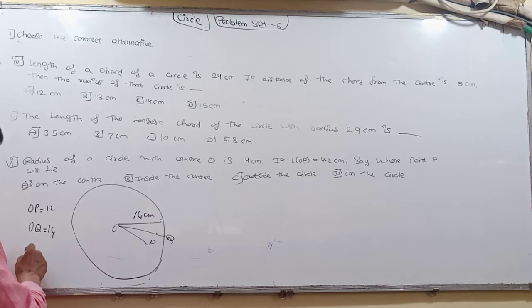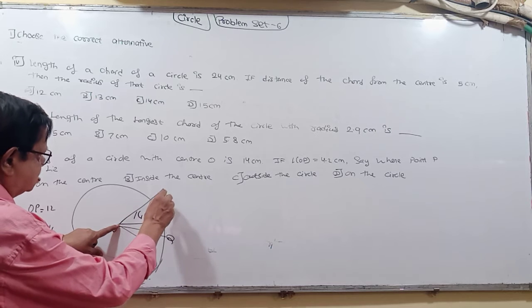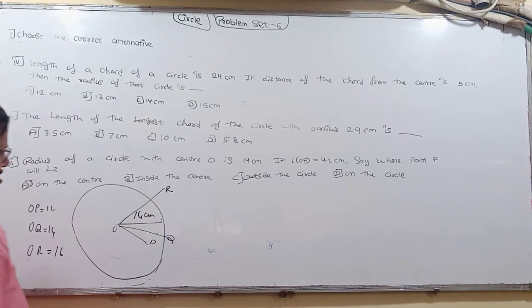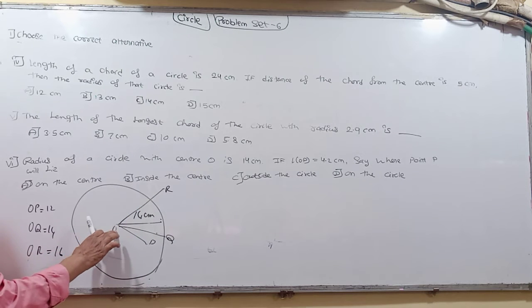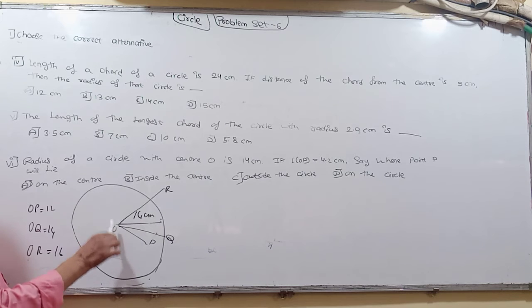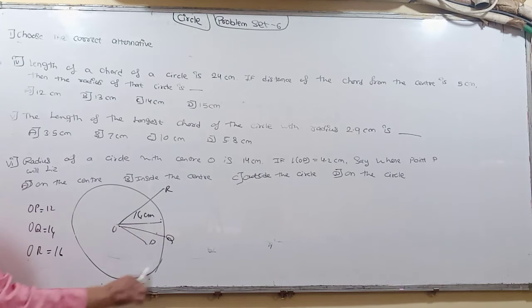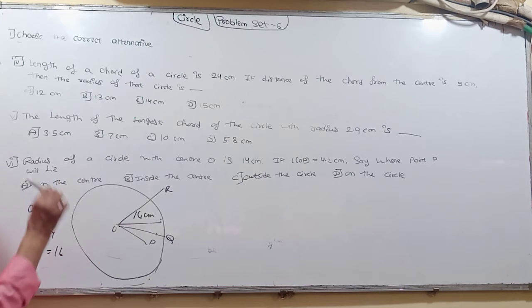Then let's say OR equal to 16. So OR is 16 means R will be outside the circle. Any point whose distance is more than the radius will be outside the circle. Any point whose distance is equal to radius will be on the circle. Whose distance is less than the radius will be in the circle.